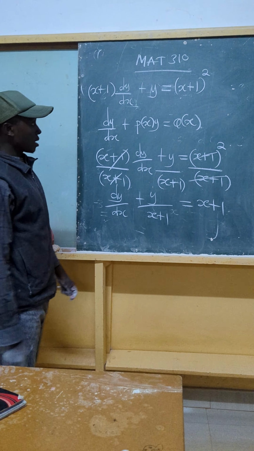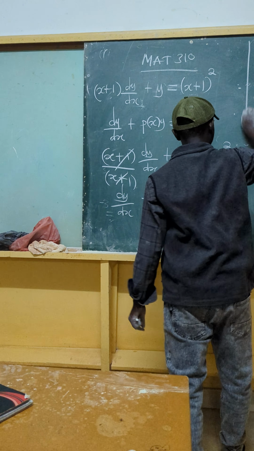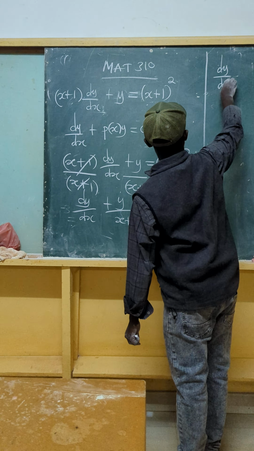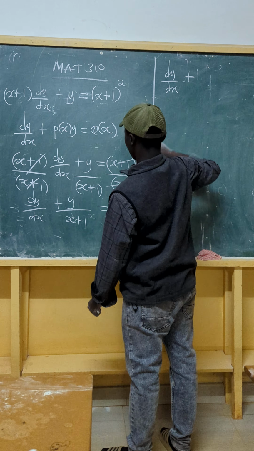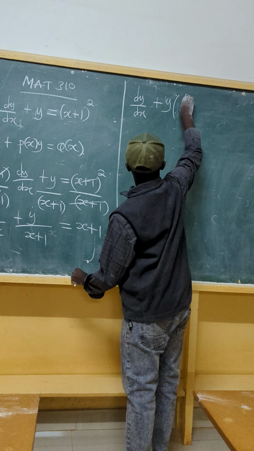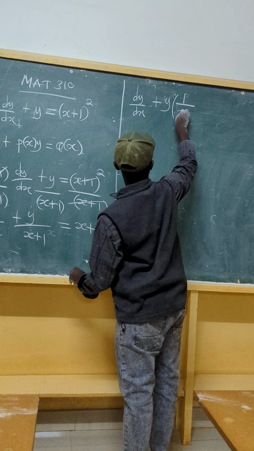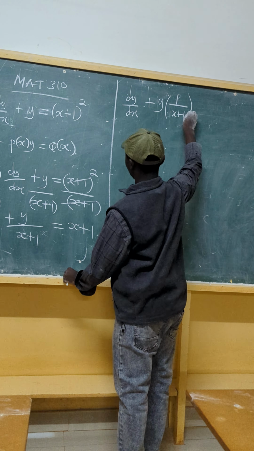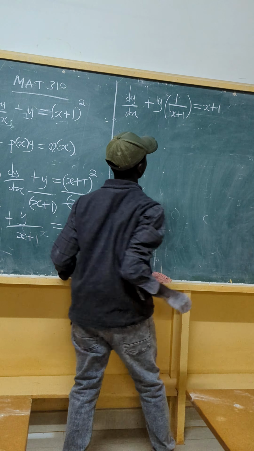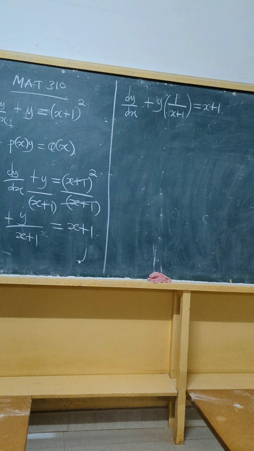So now we have dy over dx plus y over x plus 1 equals x plus 1, like that.